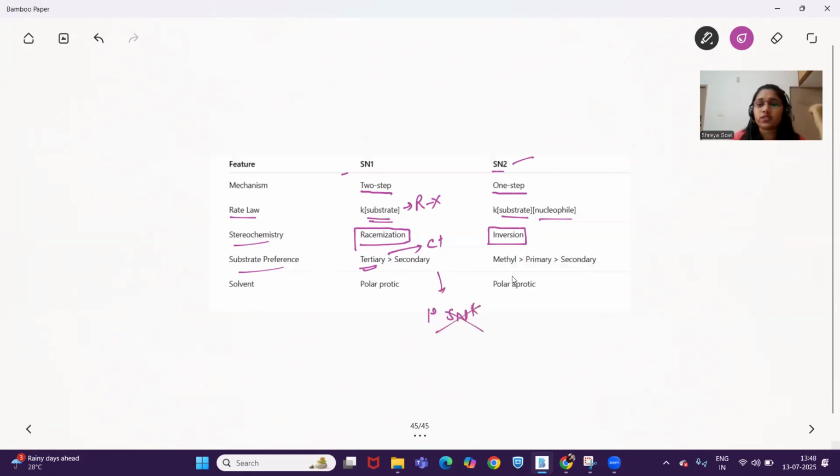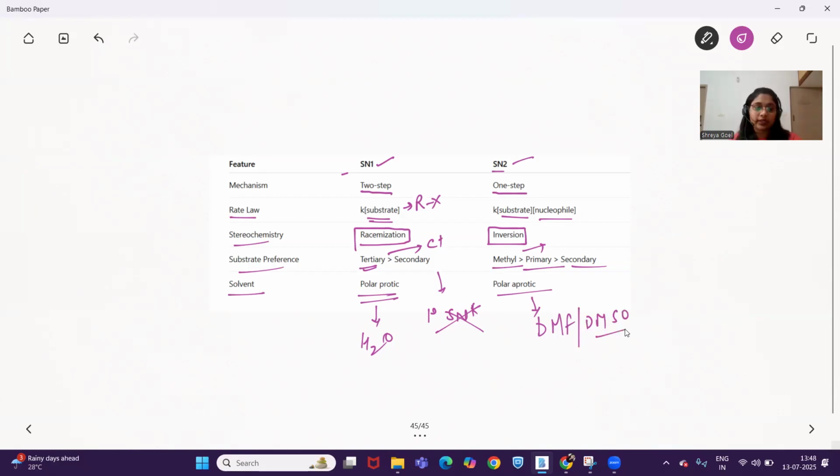In SN2, 1 degree has the fastest rate, or you can say methyl halide, then primary and secondary, in this order. And for solvent, in SN1, polar protic solvent can be used, for example H2O. And in SN2, we use polar aprotic, for example DMF, DMSO, dimethyl sulfoxide, and all that, right?